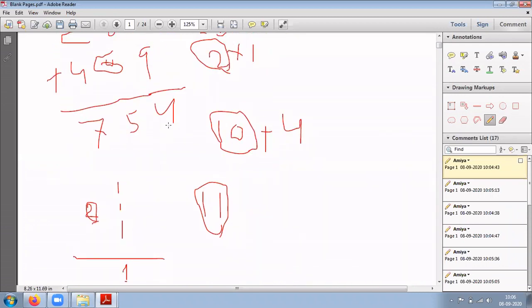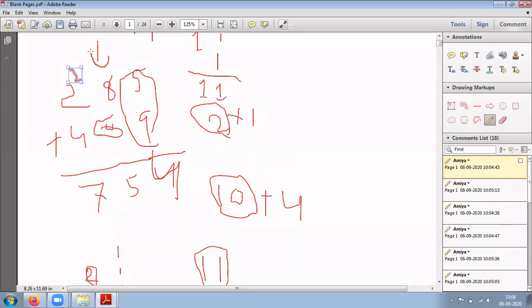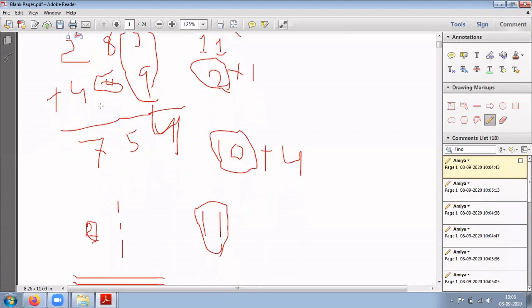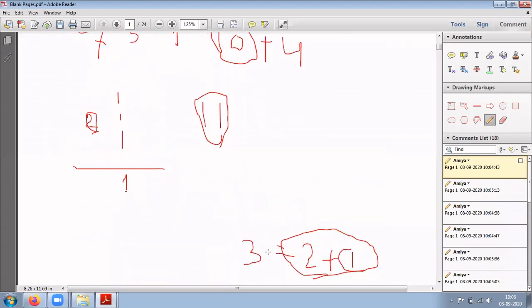When you add 9 plus 5, 14 here, but 4 you keep here and you take 1, not 10, because 10 is 1 unit. Similarly in binary, 2 is 1 unit. So out of 3 I kept 1 here and took 2 here, and 2 is 1 unit here. So this becomes 11.